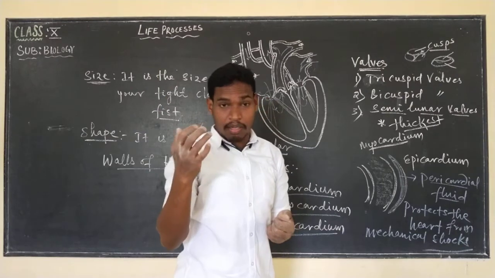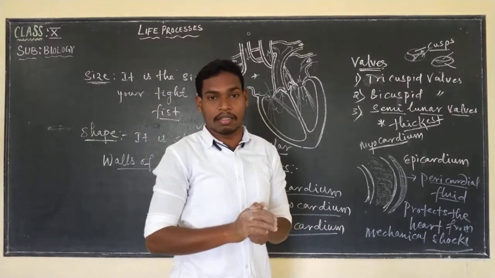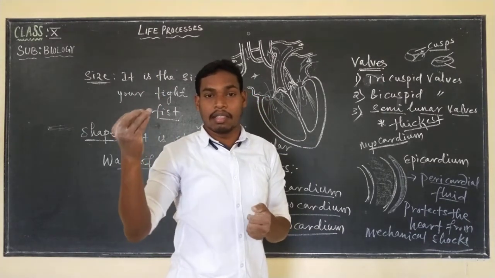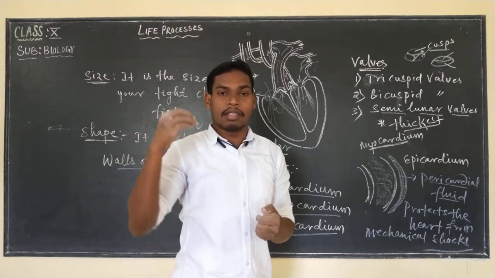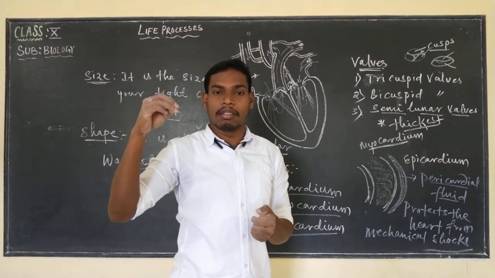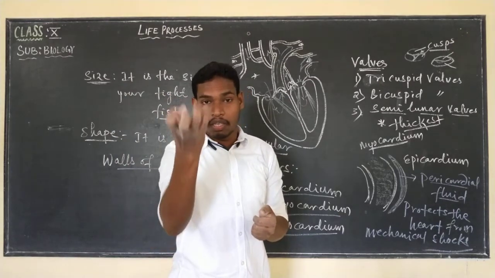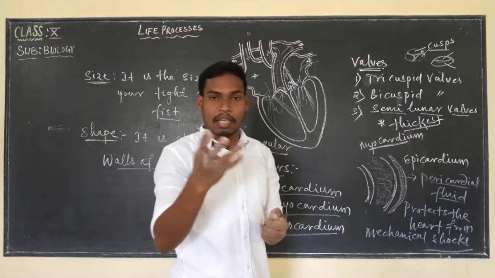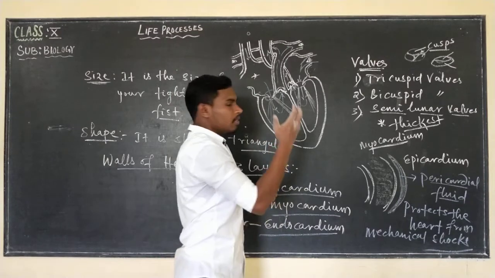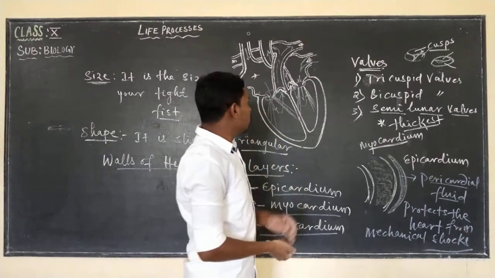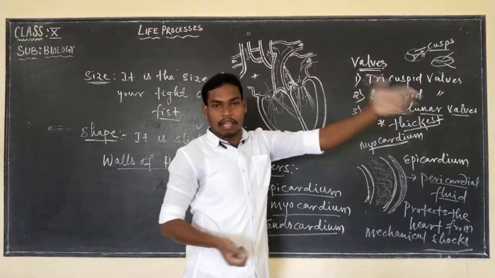Now the deoxygenated blood, when it reaches the lungs, at that moment what happens? The carbon dioxide is released out from the lungs, and this blood is going to reabsorb oxygen. Again, that oxygenated blood is going to come to the left atrium.